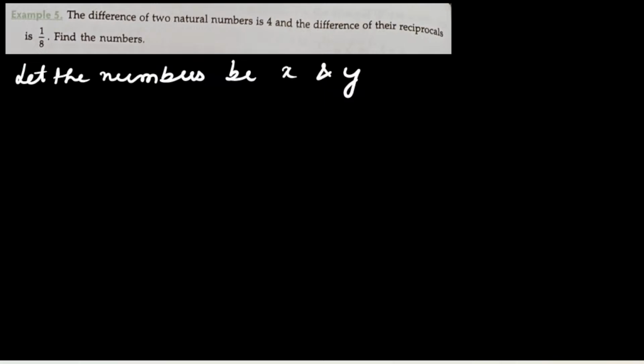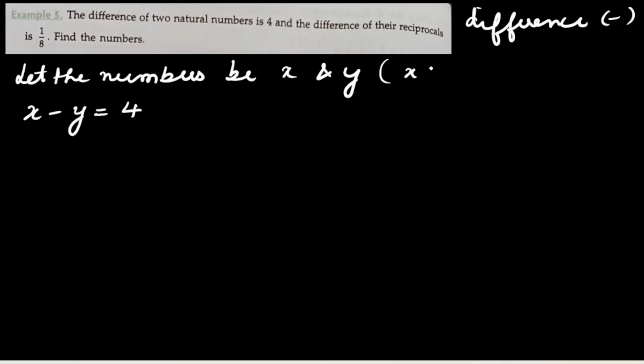Their difference. Difference means subtraction. According to the first information, their difference is 4. I'm just assuming x is greater, because one of the numbers should be greater, then only the difference will be positive.